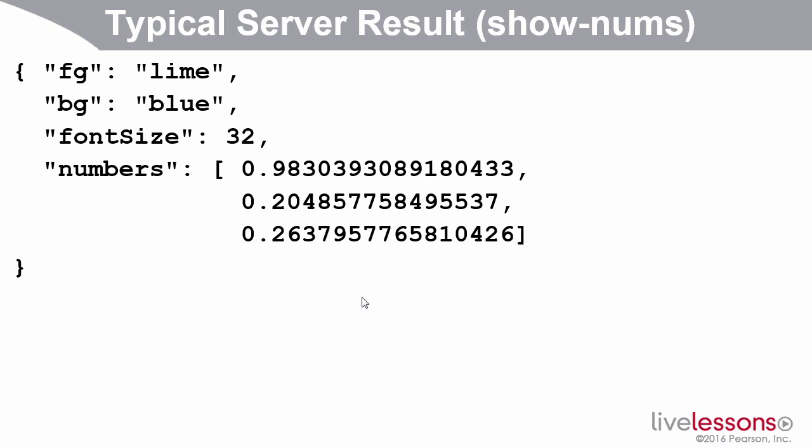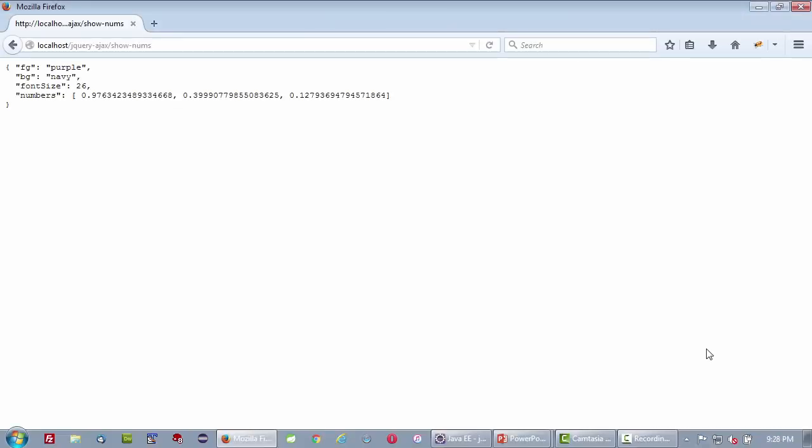However, I want to show that my server-side program randomizes it, so let me go and run this server-side program, and the address is shownums. I'm not going to go through the code that does this. The only thing that's really tricky is the fact that I'm randomizing things. I'm changing the foreground, the background color, the size, and the numbers each time.